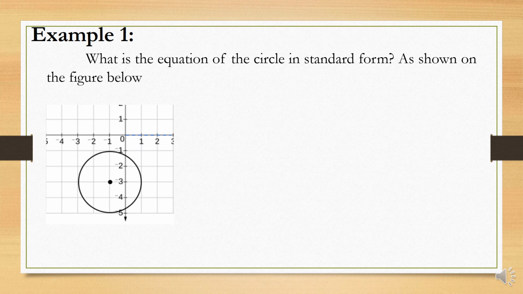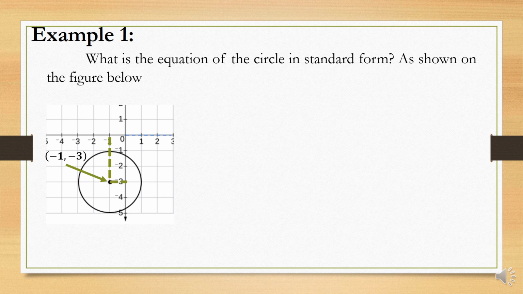Now, the center of the circle is located at the coordinates negative 1 and negative 3. And that is the center of the circle. To find the radius of the circle, we can use the center to any point on the circle.